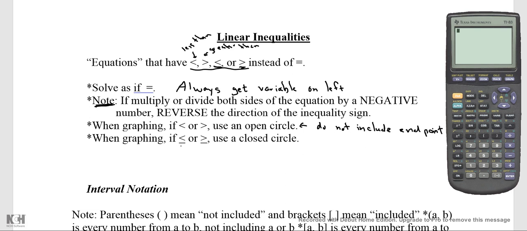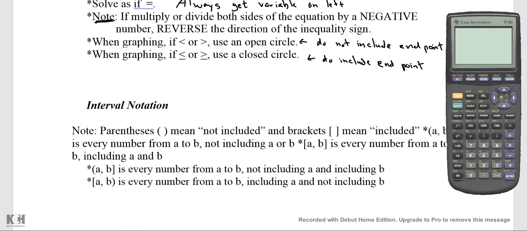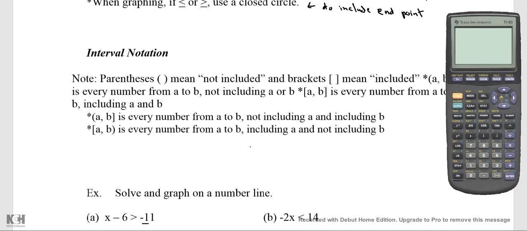If we're graphing and it has or equal to under either one, then we use a closed circle to show that we do include the endpoint. So if we're greater than or equal to 4, we could be 4, so we want to include that, and then everything greater than. And again, you'll see these as we move through this in action. It just makes a little more sense.